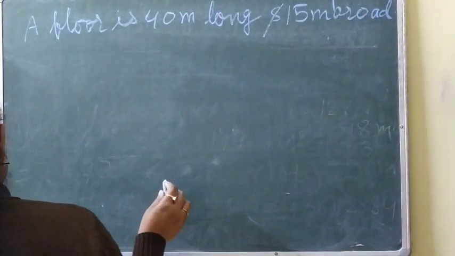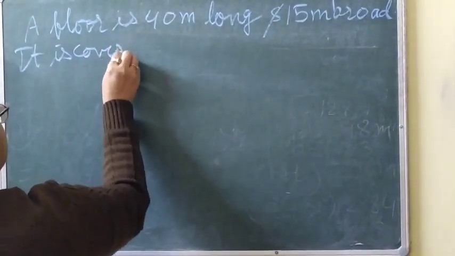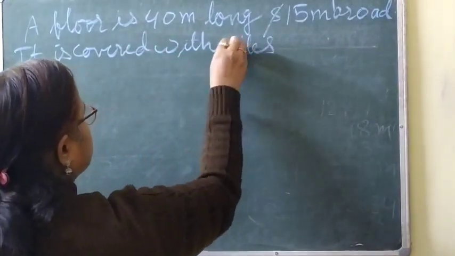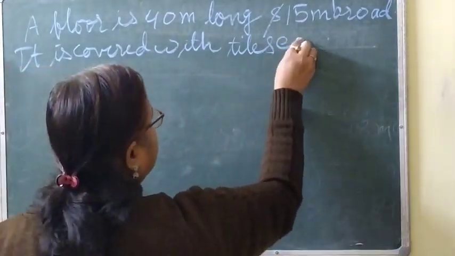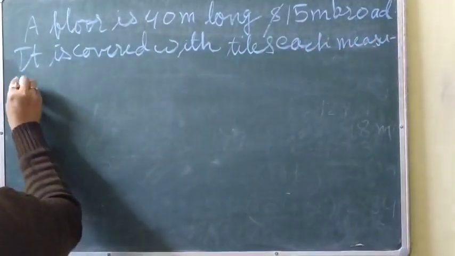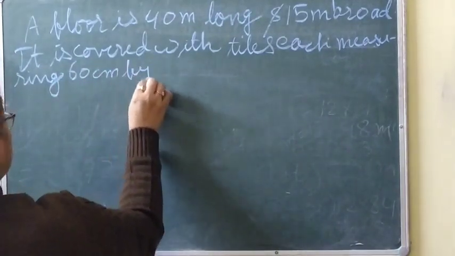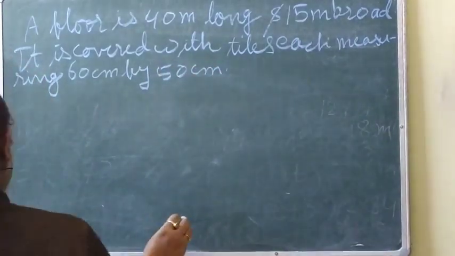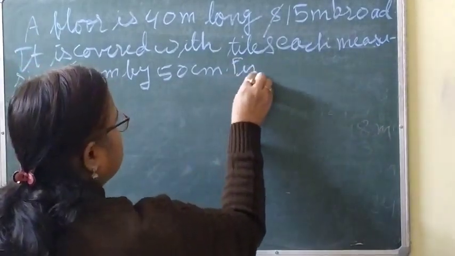It is covered with tiles, each measuring 60 centimeter by 50 centimeter. Find the number of tiles required to cover the floor.